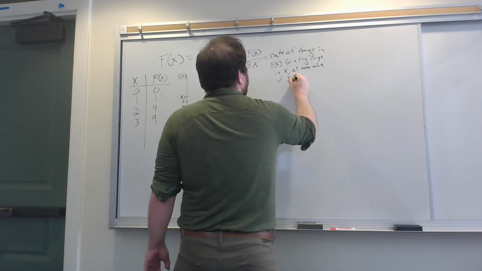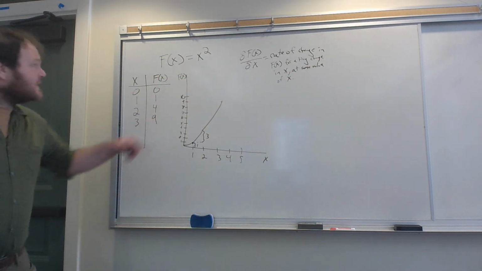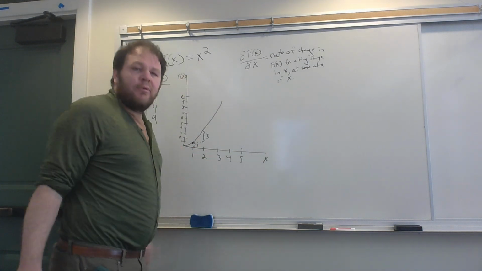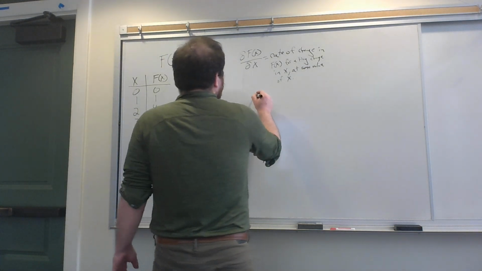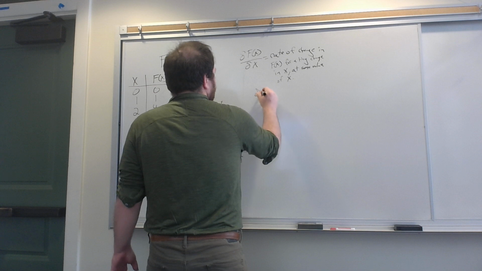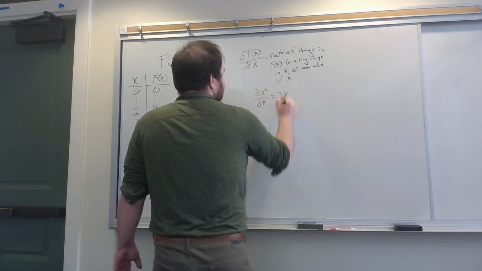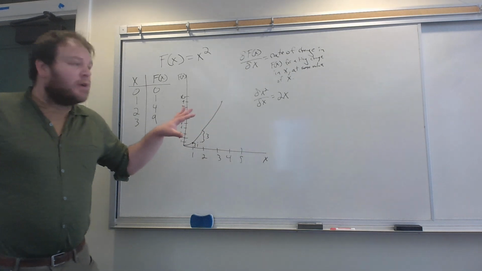Okay, great. Of course, in this case, we can take this derivative using our power rule. I'm not going to really talk through why this works, but I'm essentially going to say that the change in x squared with respect to x is going to be 2x. Okay, this makes sense? We're good so far?